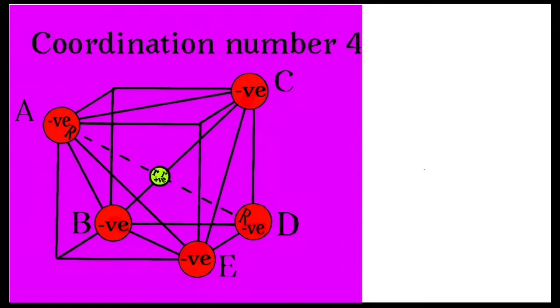We have a face diagonal FD equal to AC, that's equal to root 2 a. The relationship between radius and the edge length of a face diagonal: a is equal to root 2 R.